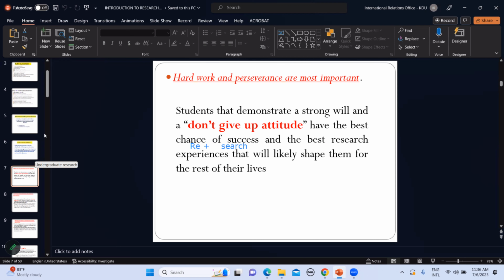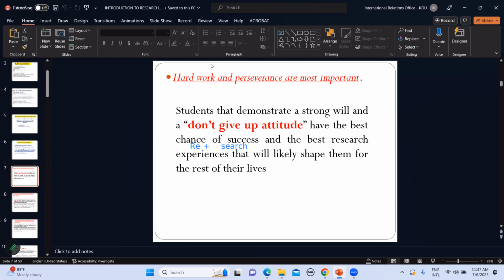You should not give up. You have some failures and some success stories, right? For example, suppose you get a scholarship from Canada or the USA to do a masters, and then you go there. In the first few months, you are in the dark.